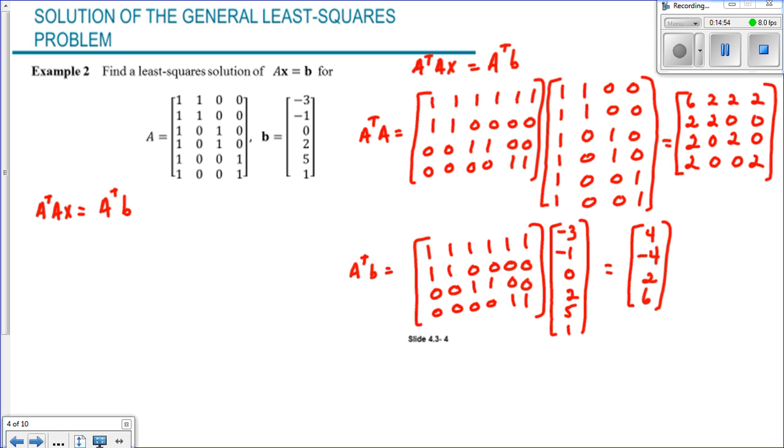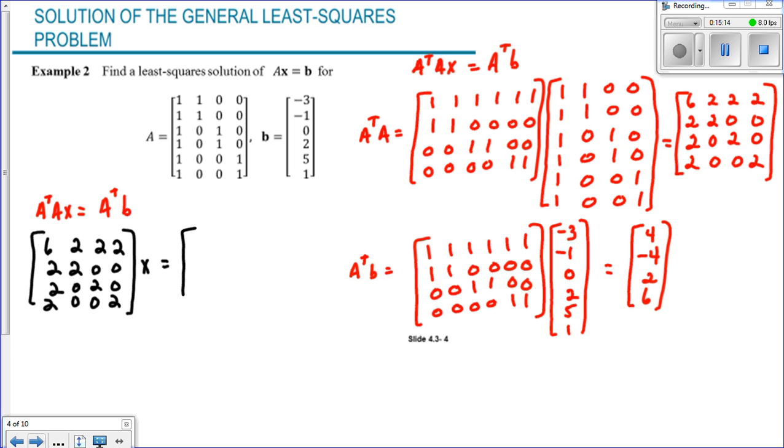So set up a system, times the vector x. Okay, so this one we're going to solve by setting up a system of equations.